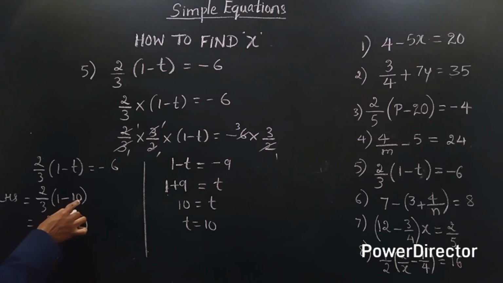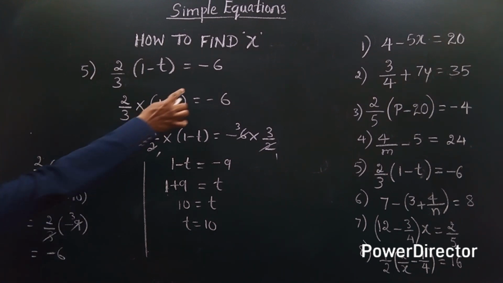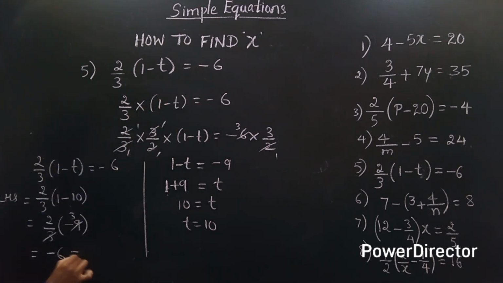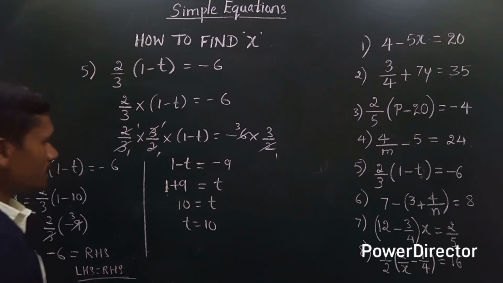Minus 9, because 10 minus 1 is 9. The bigger number's sign is minus. 3 ones, 3 threes. That is what we are getting, minus 3 it is. 2 into 3 is 6, plus into minus is minus, so we are getting minus 6. It is 100% correct. That is equal to the RHS. So what we can say, LHS is equal to RHS. It is proved, right?